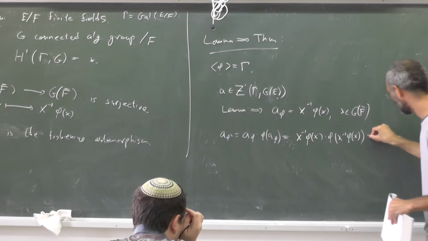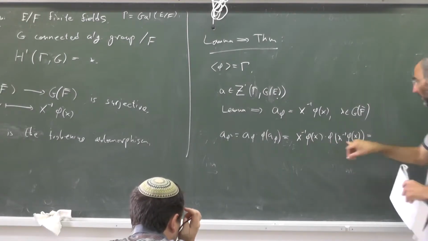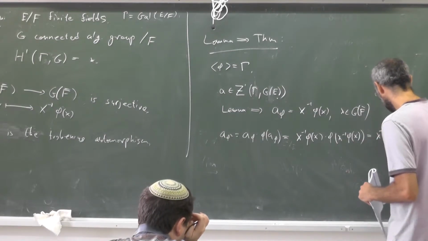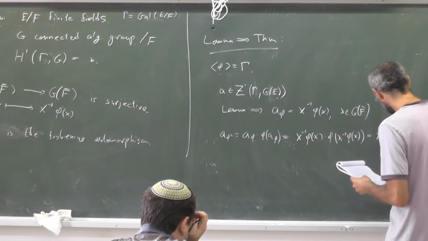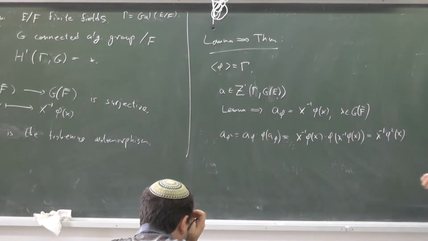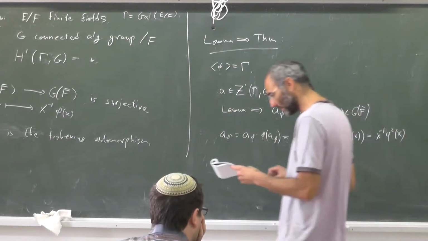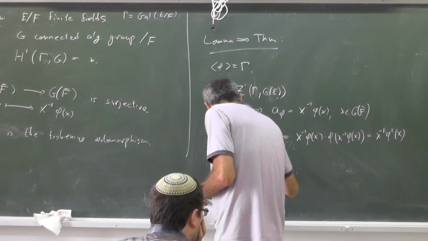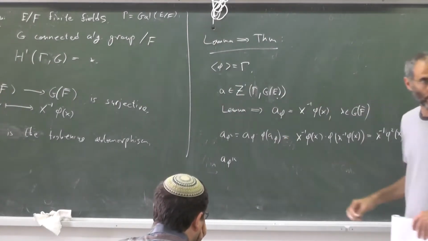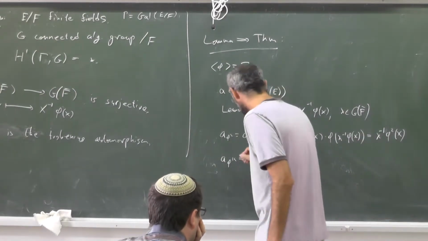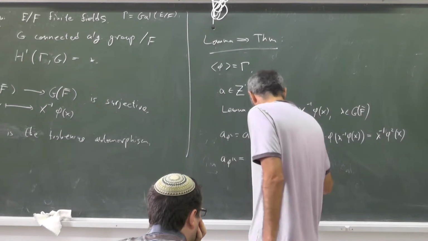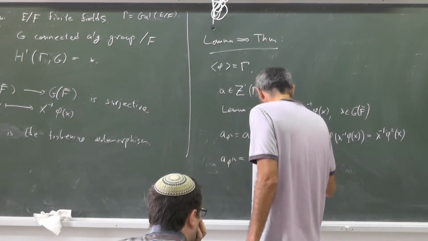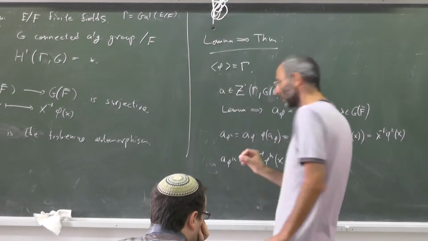And you see the cancellation here, so it's x inverse phi squared x. And I guess I'll skip the next line, a cube. I claim that by induction, if you wish, here it is.